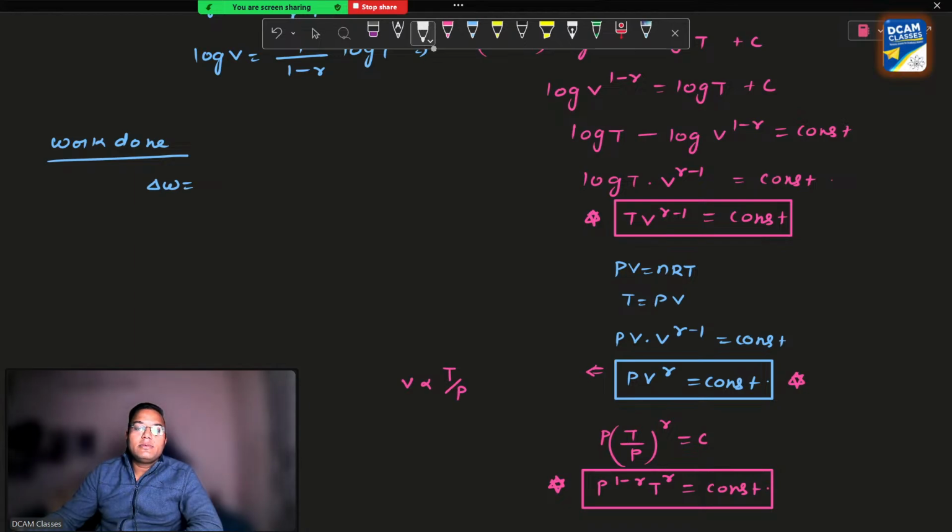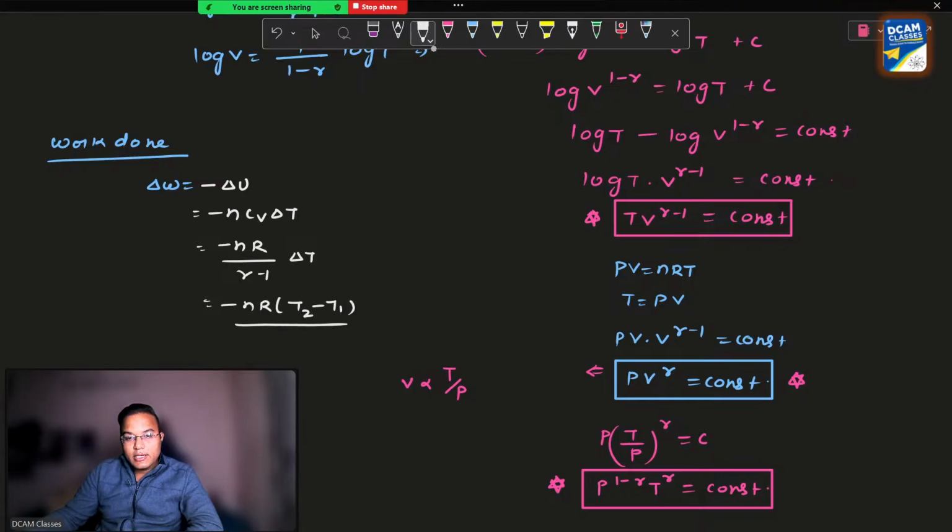Because we know delta W is equal to minus delta U, that's minus nCv delta T, right? And this is minus nR by gamma minus 1 delta T. Now this can be written as minus nR into T2 minus T1 by gamma minus 1.